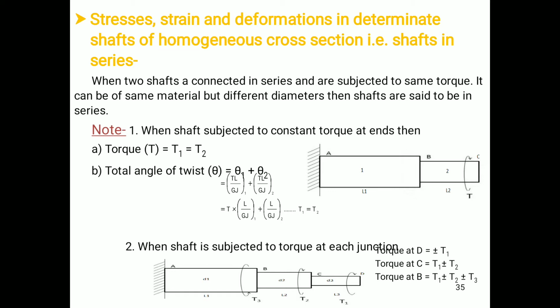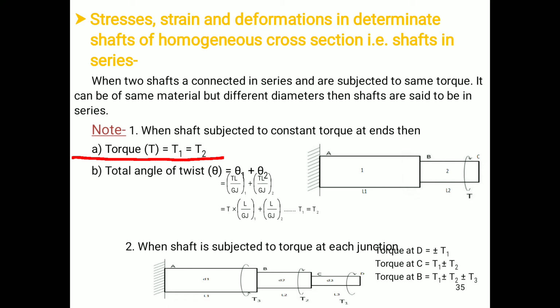On the basis of that, we have two governing equations. The first one is that the total torque can be carried by both shafts, the first shaft and the second shaft. Therefore this total torque will be equal to T1, which is equal to T2. So the effect of total torque is taken by both shafts.